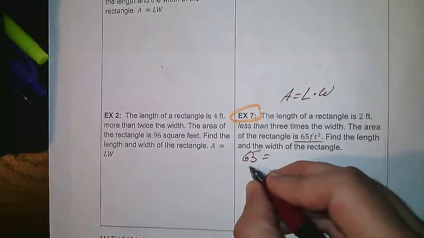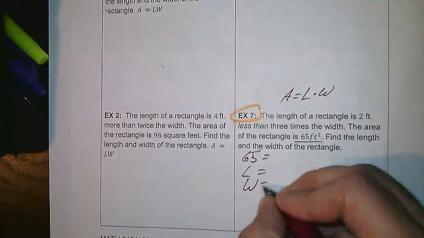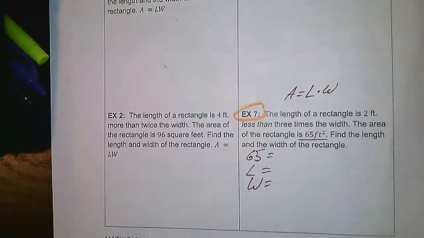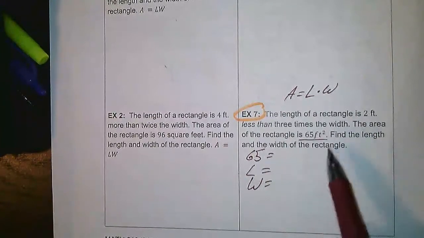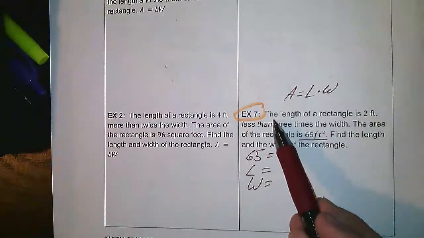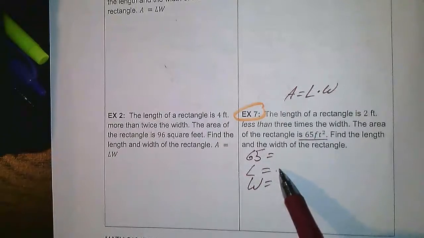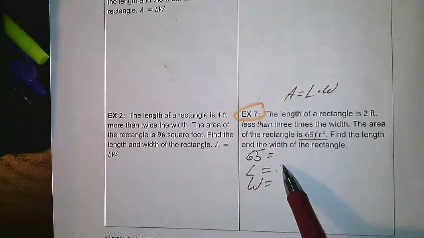So we have length and width. Now in class, I usually use W as the variable, but I've noticed that my lab will specify to use X. So I need to make that adjustment. It says that the length, L, is 2 feet less than 3 times the width.